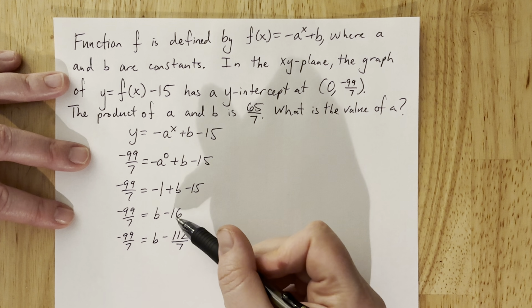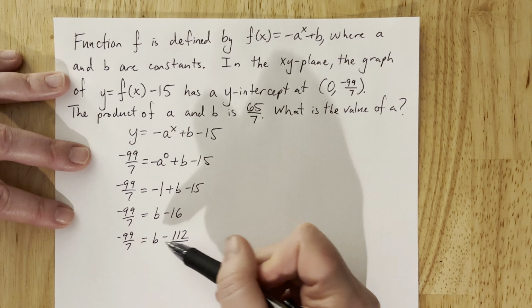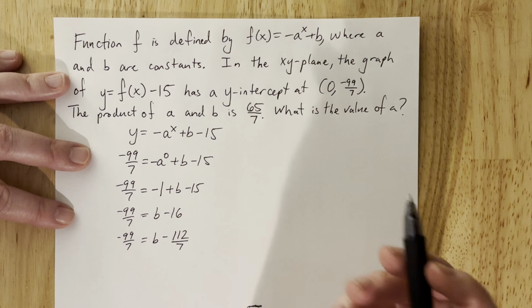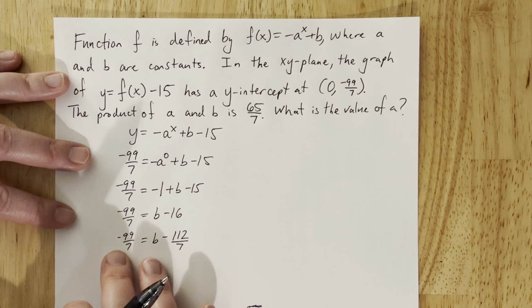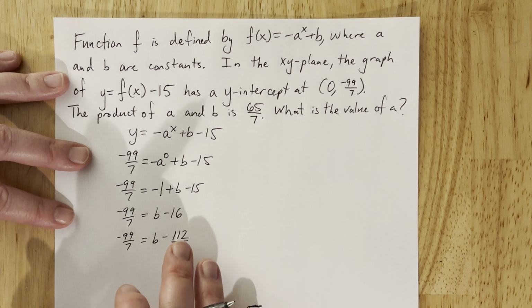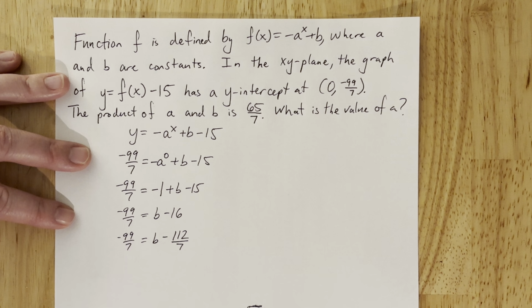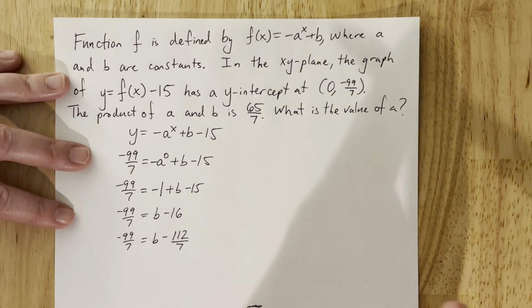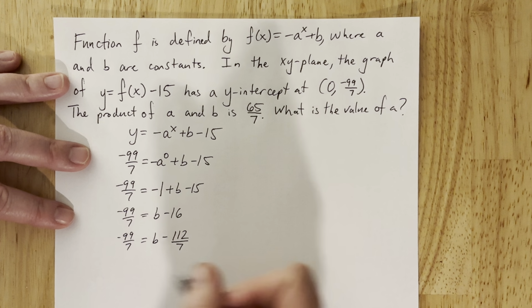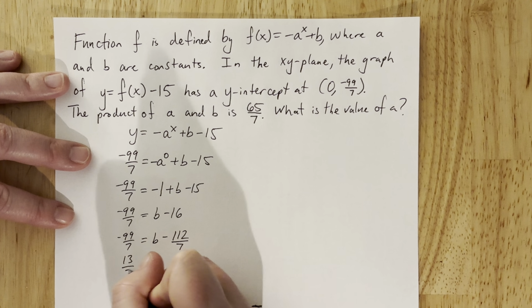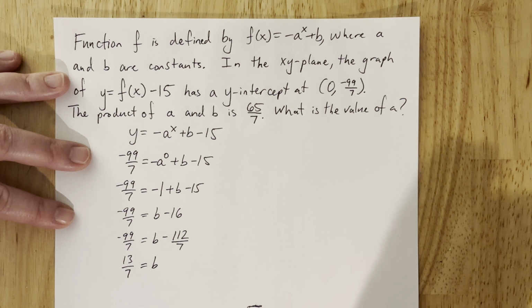So 16, if I multiply by 7/7, becomes 112/7. Now that these denominators are the same, it's going to be much easier for us to move this value over to the left. So if I add 112/7 on both sides, then I get 13/7, and that's what b equals.